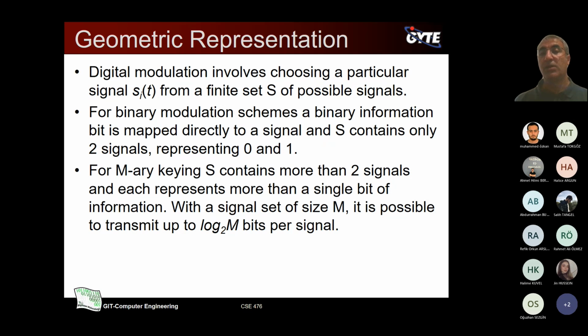In other words, you choose a particular signal Si(t) from a set of S possible signals. For binary modulation, we have two cases, bit 0 and bit 1. So that's why the set S consists of two symbols, S0 and S1. So we assign the bit 1 to S1 and bit 0 to S0.